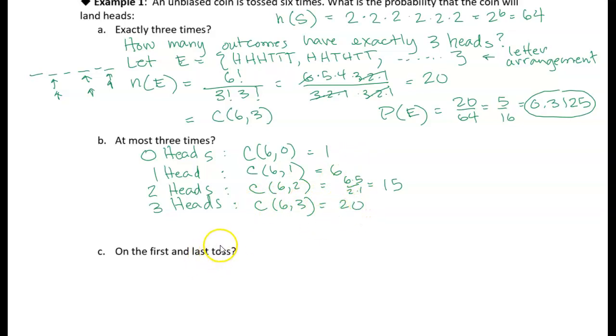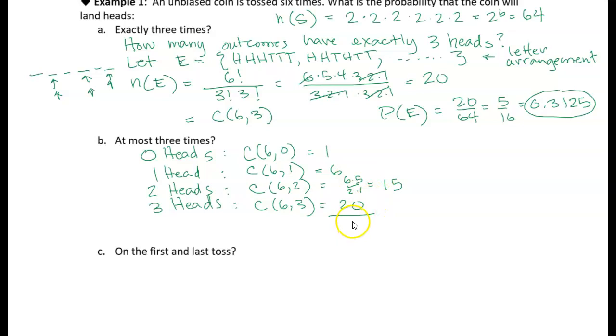So now we have all of the ways to get 0 heads, 1 head, 2 heads, or 3 heads. Those would all qualify as at most 3. And they're all disjoint sets, so there aren't any overlapping, we can't get any of these events at the same time.